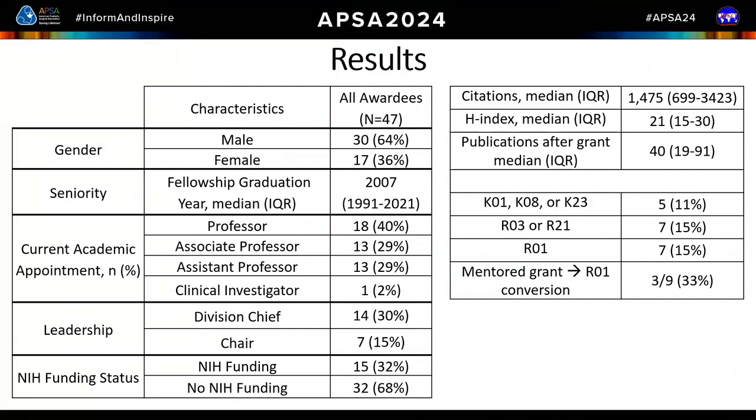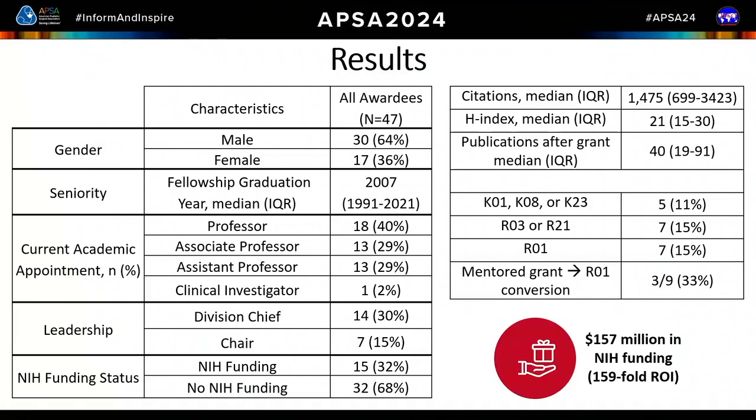So 11% had gone on to obtain these awards following the grant. 15% had gotten R03 and R21s, and 15% had gone on to obtain R01s, for a 33% mentored grant to R01 conversion rate. And when you look at all the NIH funding obtained by these J. Grossfeld scholars, it amounted to $157 million, which is a 159-fold return on investment for the APSA Foundation's support of these scholars.